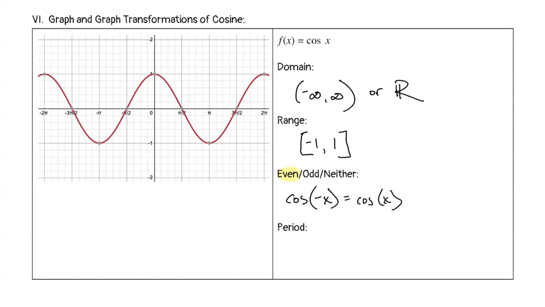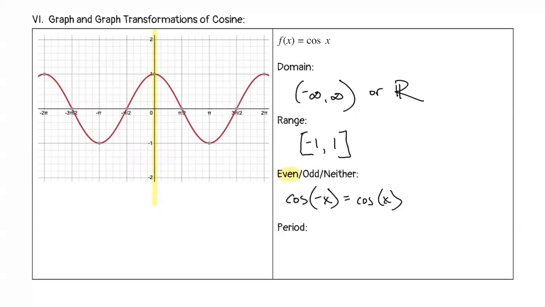Well, on a graph, it means that if you fold right over the y-axis, both sides look the same. Okay, so if you're a more visual person, we can see now if we fold over that line, the right half of the graph looks like the left half. In fact, they match perfectly. Okay.